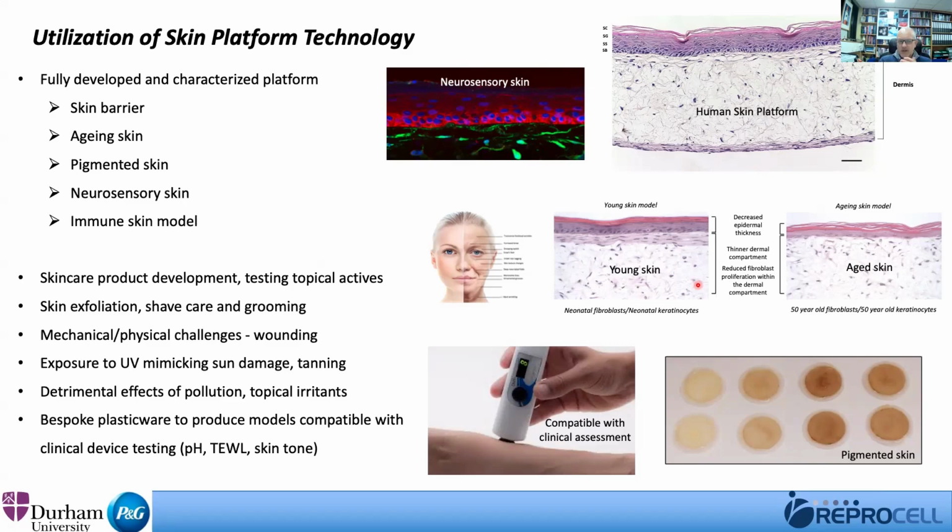These models can then have specific applications, for example skincare product development, testing topical actives, skin exfoliation, shave care, grooming, and mechanical or physical challenges such as wounding, and exposure to UV radiation, sun damage, etc. The use of this bespoke plasticware, compatible with clinical testing devices, enables us to make appropriate recordings as well.